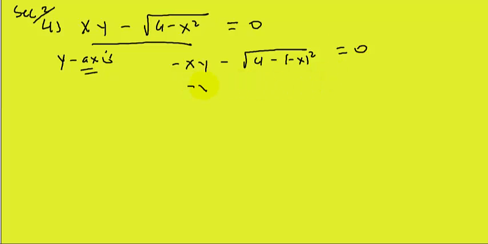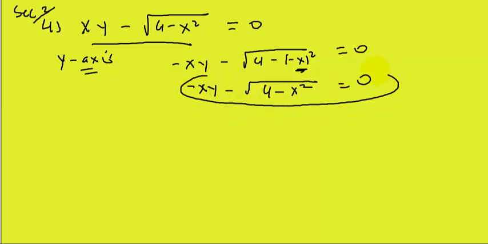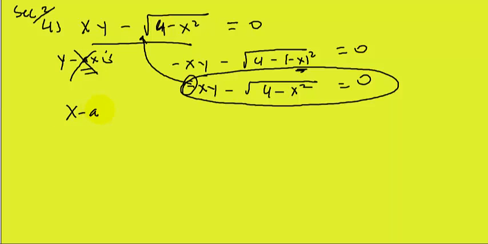Okay, there's nothing to clean up here, so minus square root of 4 minus, clean that up, and that turns into positive x squared is equal to 0. Is this exactly the same as that? No. Okay, because this negative here is not there in the original one, so it is not symmetric to the y-axis.